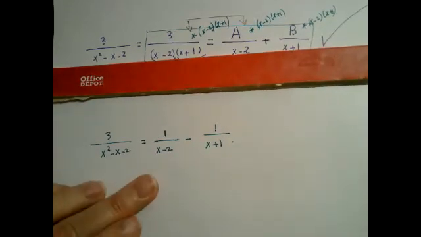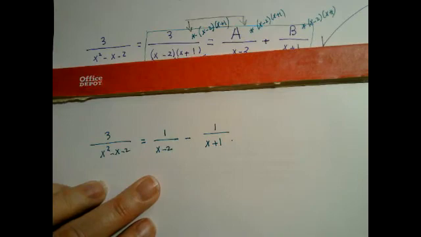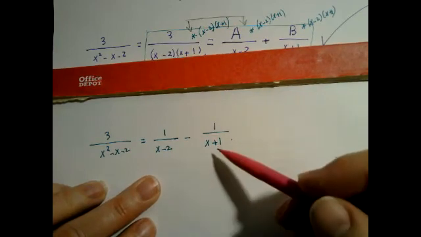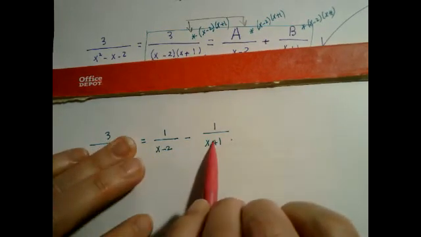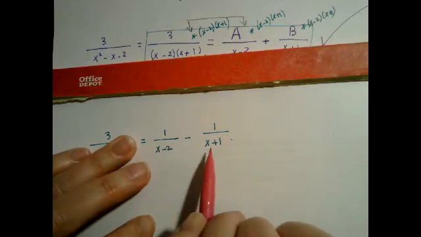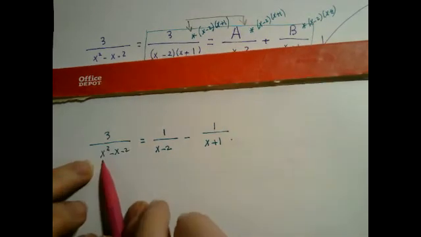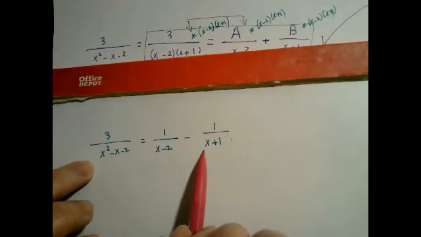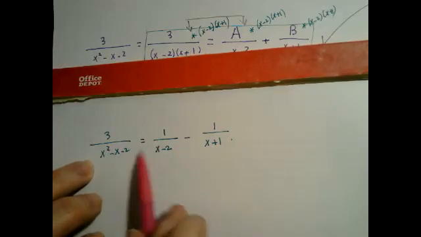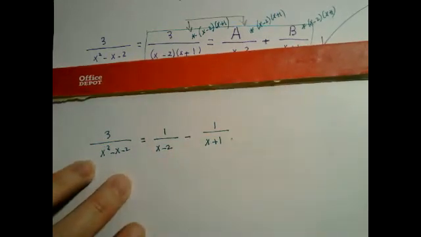That's how the constants are found. Now, if you want to check your work, you start from the right, common denominator, you should get the left. If you don't, it means this equality doesn't make sense.